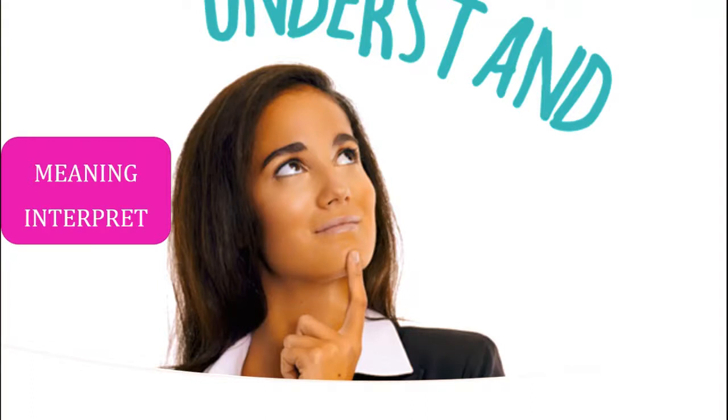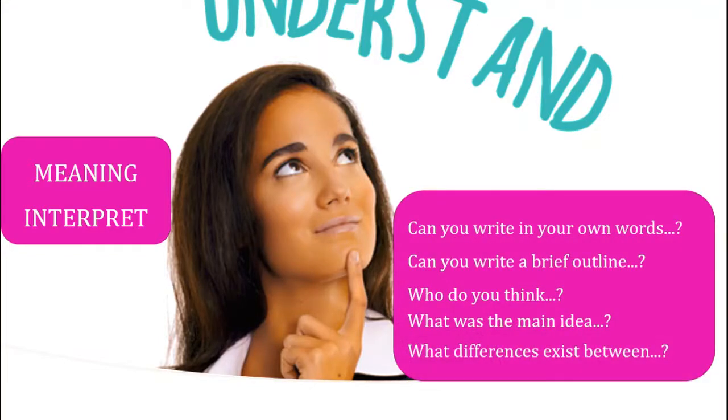The common questions that can be asked to test understanding would be: can you write it in your own words? Write a brief outline of the discussion. Who do you think did this? What is the main idea of the lesson? And what is the difference between these two ideas?